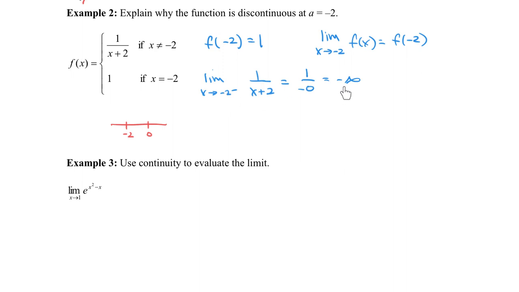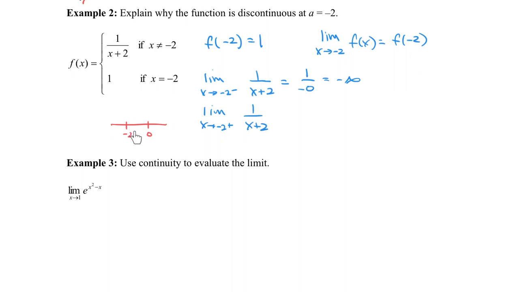We can see there's already a problem here. This limit doesn't exist, because remember, when a limit equals plus or minus infinity, technically it means it doesn't exist. But there's also something else here. If we take the limit as x approaches -2 from the right, now we're coming in from here. These are numbers like -1.9, -1.99, -1.999.